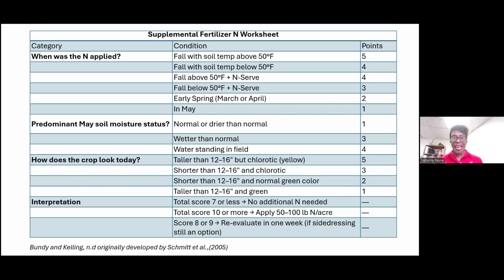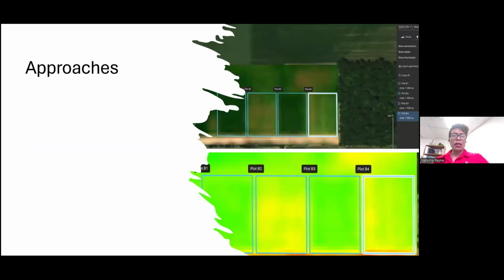And that is exactly the sum of what this research that our lab started doing is looking at. We're trying to look at all these different variables and then come to a conclusion to inform our nitrogen rate, or nitrogen demand, if you will. So that is what we'll be talking about in the next few slides.